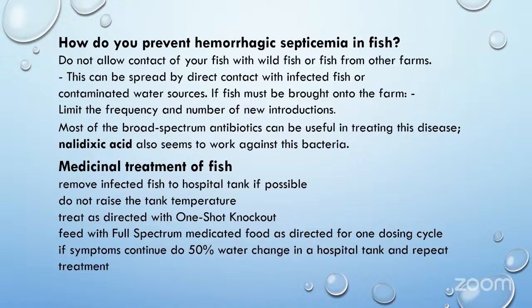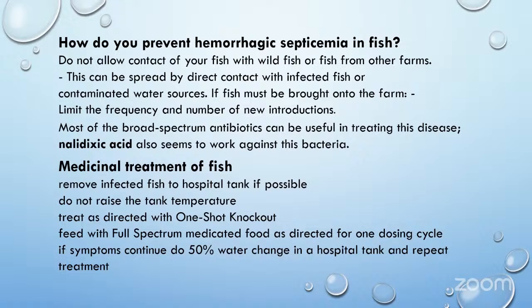Now, medicinal treatment of fish, how it can be done. Remove infected fish to a hospital tank if possible. And then do not raise the tank temperature. Treat as directed with a one-shot knockout, they say.